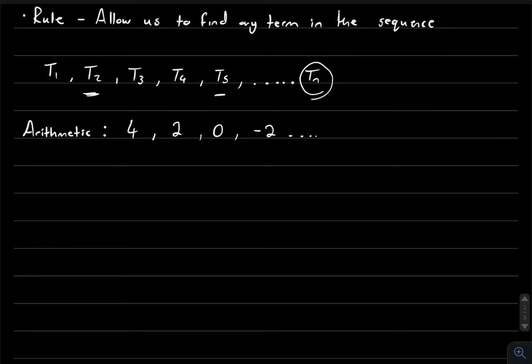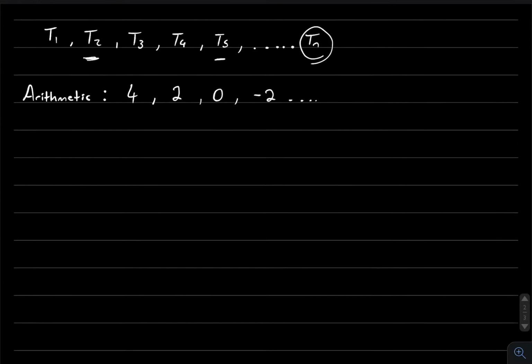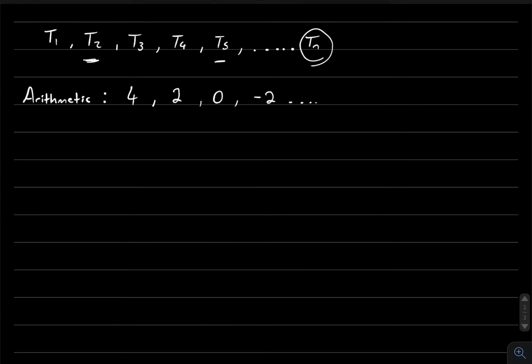Okay, first of all, we need to know what the general form of the general term is. I know that may sound a bit confusing, but when we say the general form, we mean something like this. Tn is equal to a plus (n minus 1) d. This is the general form of the general term.